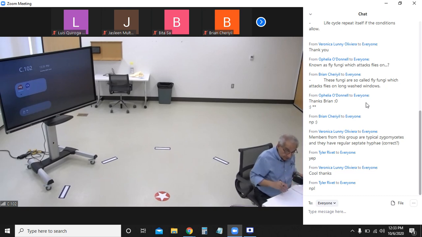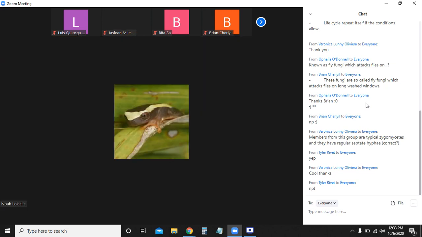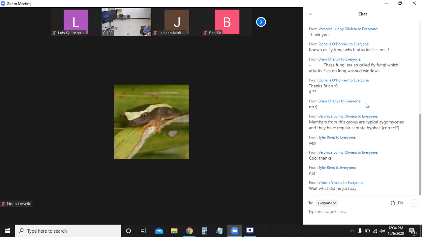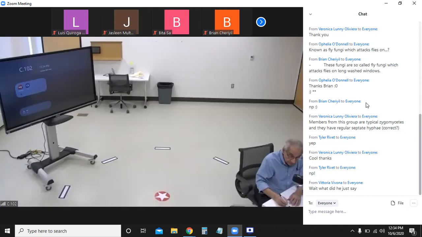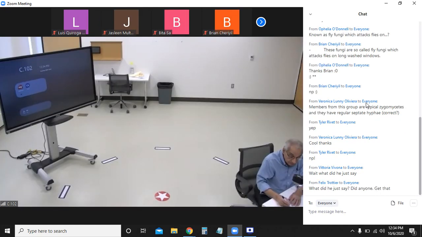Before this, I want you to focus on this figure. Do you see the writing clearly, or do you want me to enlarge it? This is the sporangiophore, the structure of the sporangiophore.